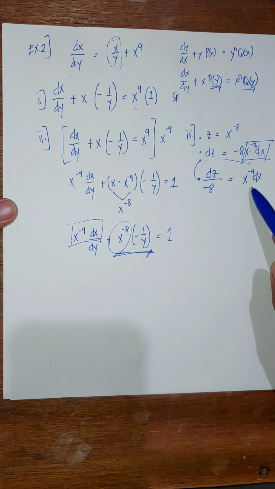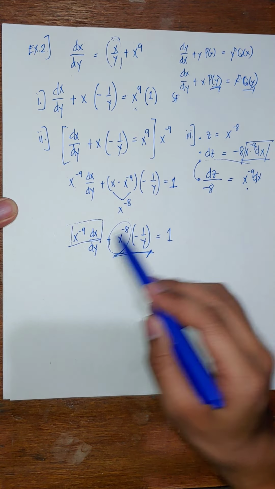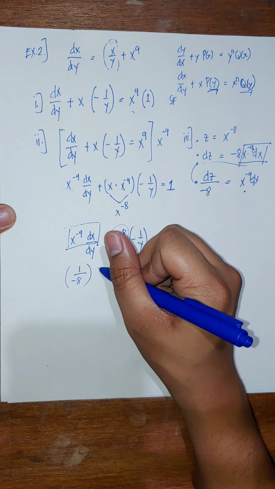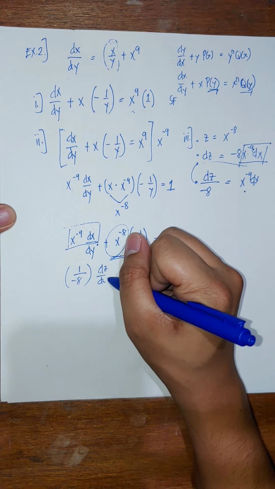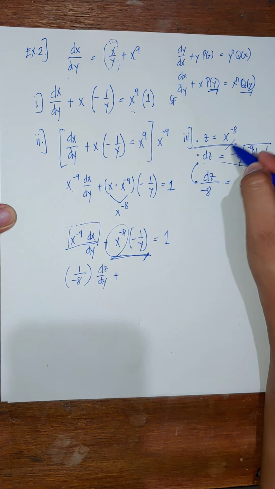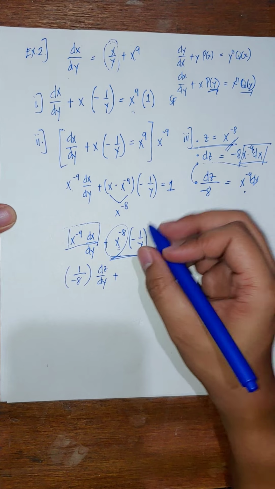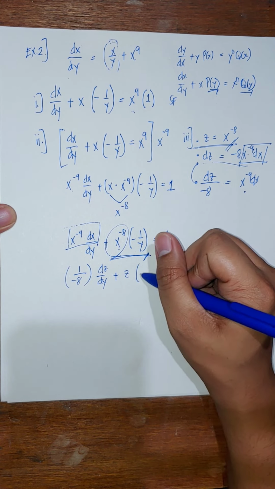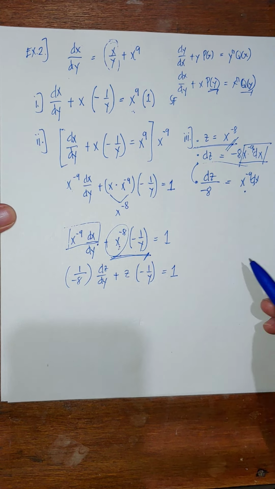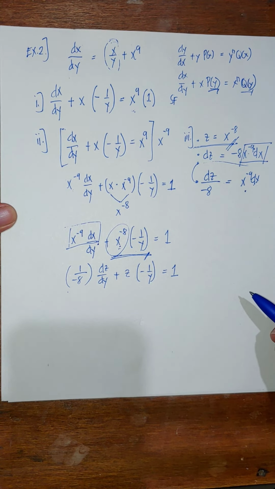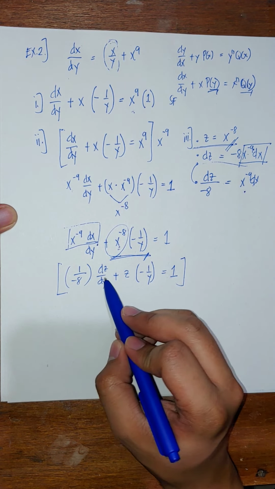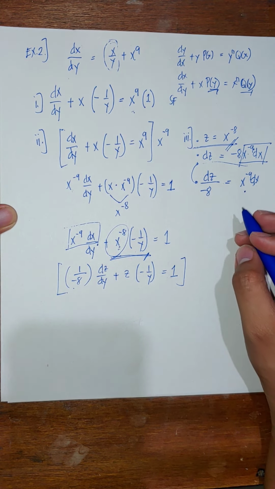So we substitute x to the negative 9 dx here, then we can obtain 1 over negative 8 times dz over dy plus, since x to the negative 8 is already z, this becomes z times negative 1 over y is equal to 1. To make it a first order linear differential equation in form, we remove the coefficient of dz over dy, which is negative 1 over negative 8.